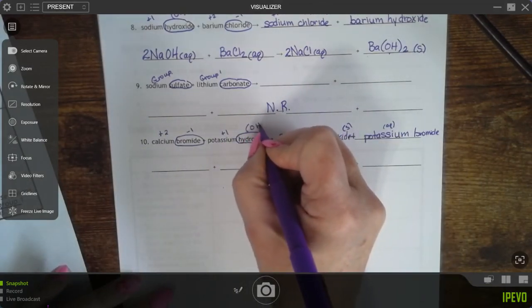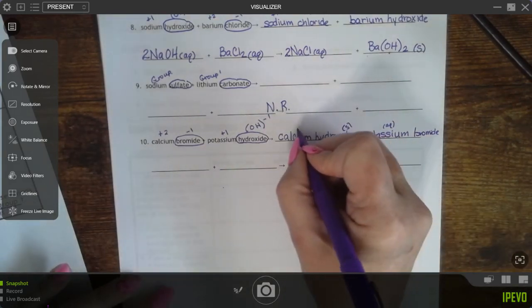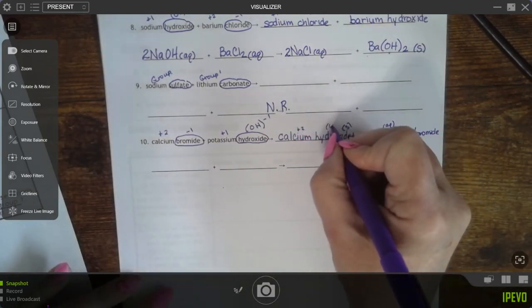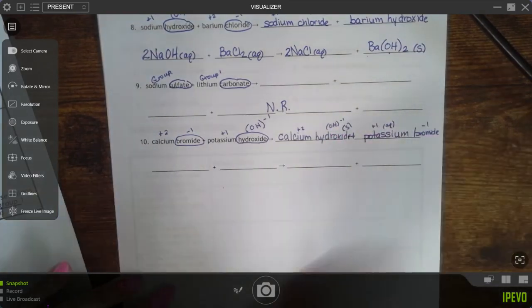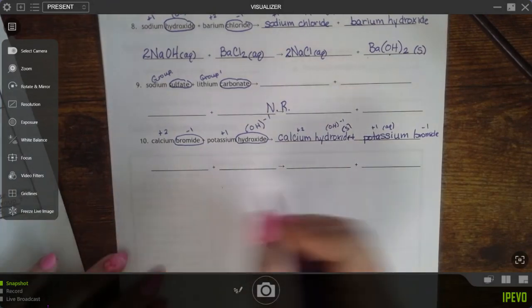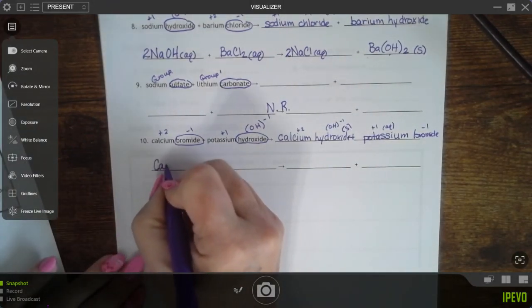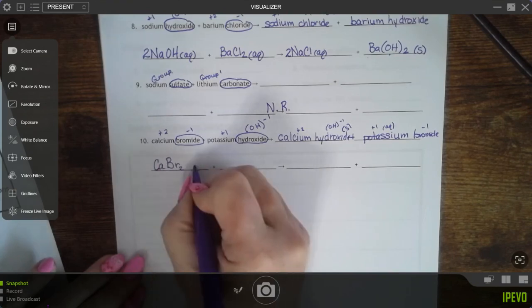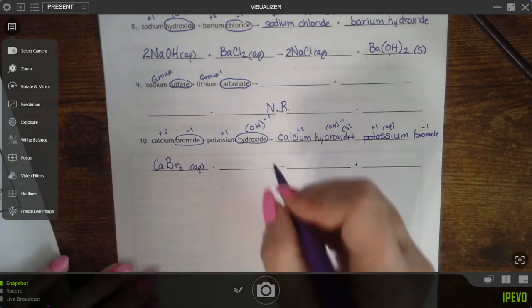Hydroxide is a polyatomic ion with a -1 charge. Calcium is +2. Hydroxide is -1. Potassium is +1. Bromine's -1. All right, so let's crisscross charges and see what our formulas are. We end up with CaBr2. Remember, our reactants are always aqueous.